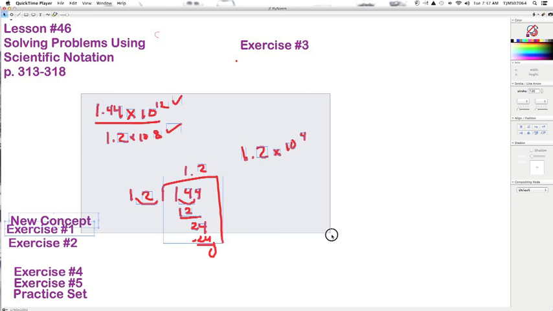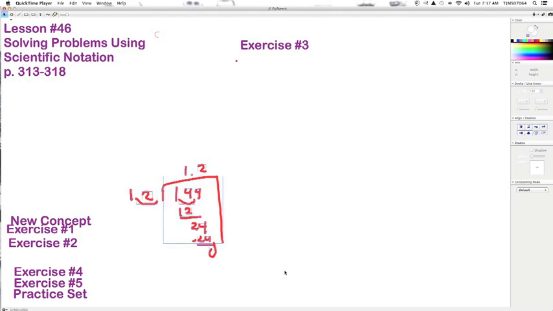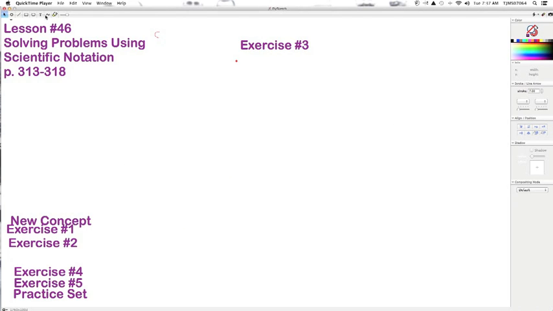Next one looks like this. 3.0 times 10 to the 8th divided by 4.0 times 10 to the 4th.